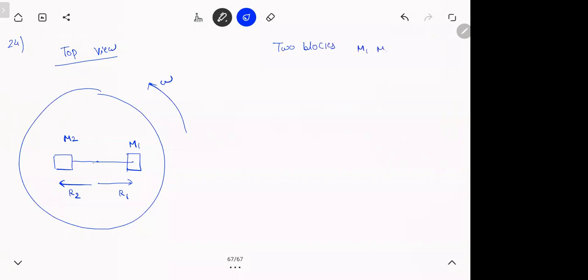Two blocks M1, M2 connected by a string are placed on a smooth round table and rotated with omega.